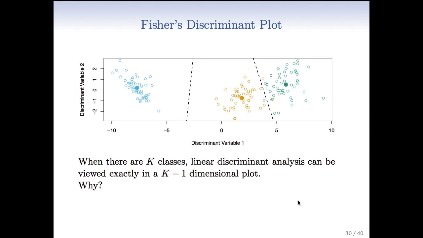Because you've got 3 classes, what Fisher's linear discriminant analysis, or Gaussian LDA, is really doing is measuring which centroid is the closest. But it's measuring it in a distance where it takes into account the covariance of the variables.